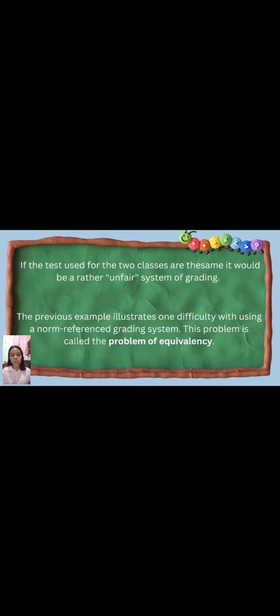So, kung ako si section B, mas gugustuhin ko na in the next school year, doon ako sa section A, since kahit na ang score mo ay mababa kaysa sa section B, yung equivalent niya, the same pa rin. So, unfair system of grading. The previous example illustrates one difficulty when using a norm-referenced grading system. This problem is called the problem of equivalency.